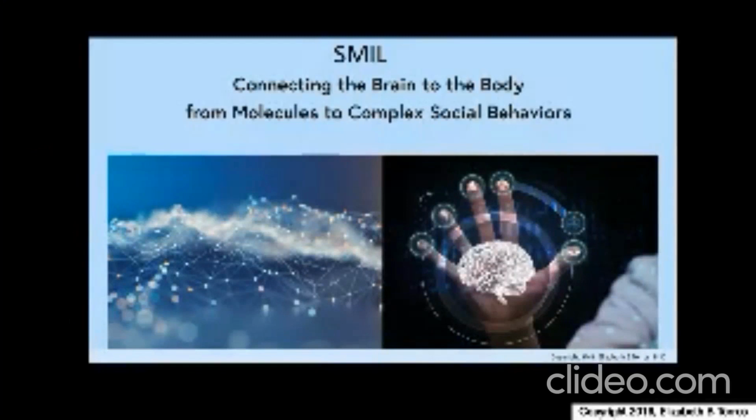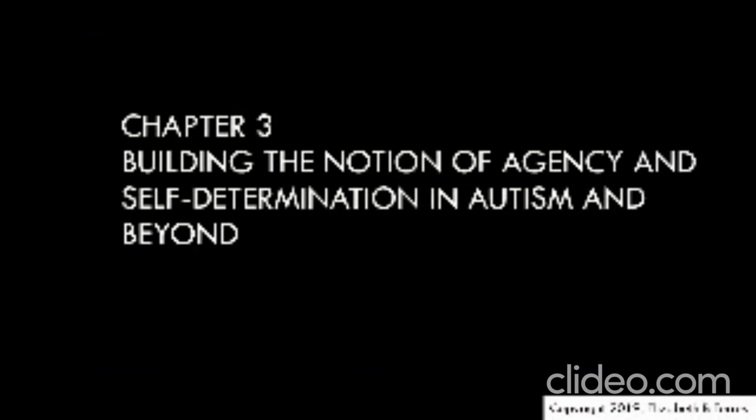I'm gonna clip the lecture so that it starts from here. So this is lecture number 2 of intelligent behavior analysis, and welcome to the class. And probably we won't finish it, so this will have to be like part 1 and part 2 again. And so this goes over the notion of agency and self-determination in autism and beyond, in general.